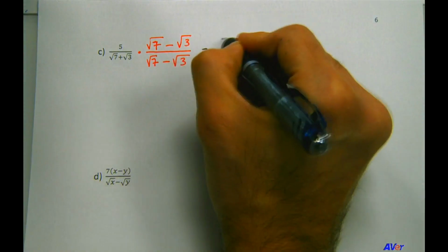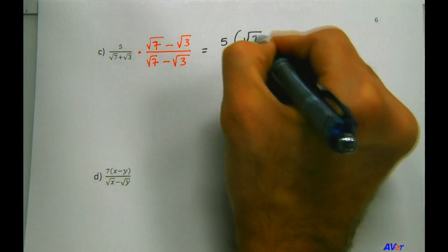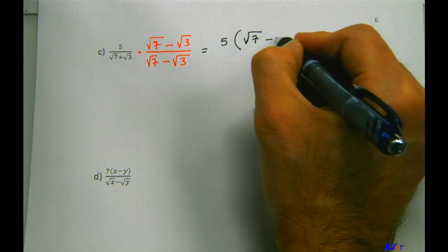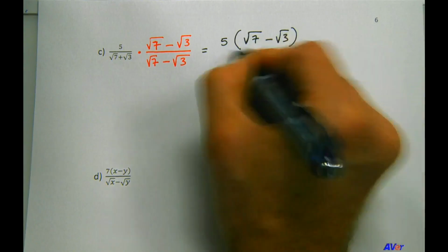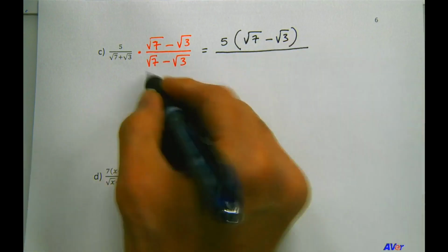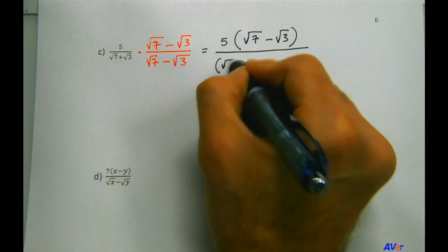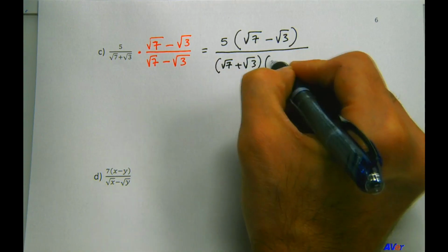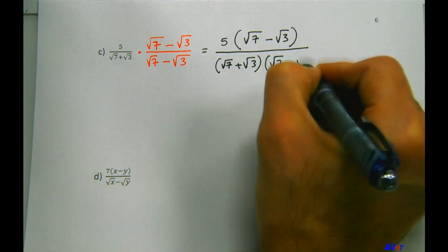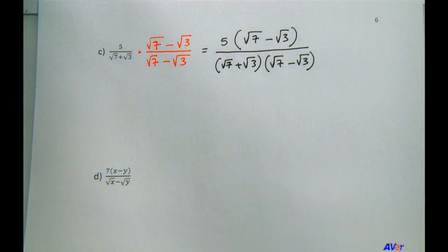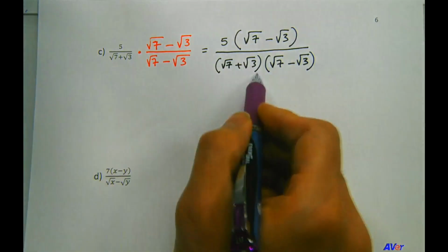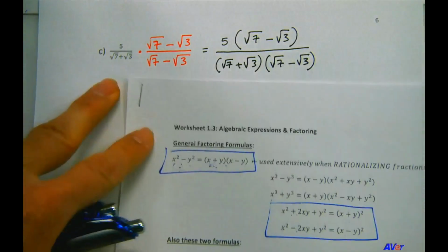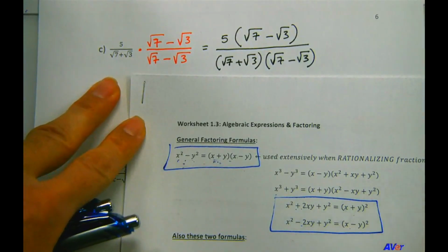So what do we have? We have 5 times square root of 7 minus square root of 3, divided by, what do we have? Square root of 7 plus square root of 3 times square root of 7 minus square root of 3. When you compare this denominator with this formula, you can see both on the screen, right?